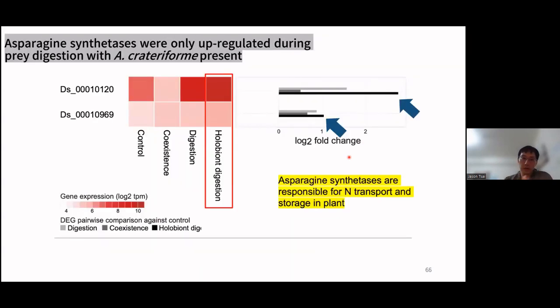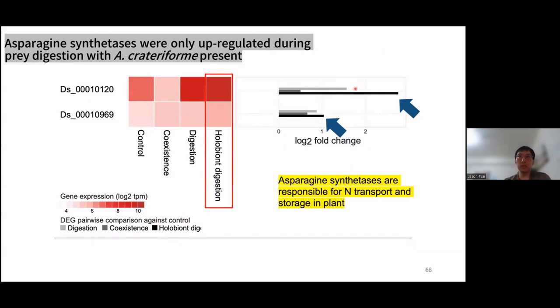We also discovered many proteases and peptidases which are involved in the breakdown of insects. In the example here, asparagine synthetase, crucial for nitrogen storage and transport in plants, was specifically upregulated and amplified even further only during digestion with the fungus present.